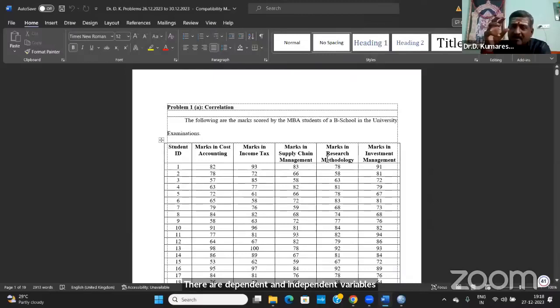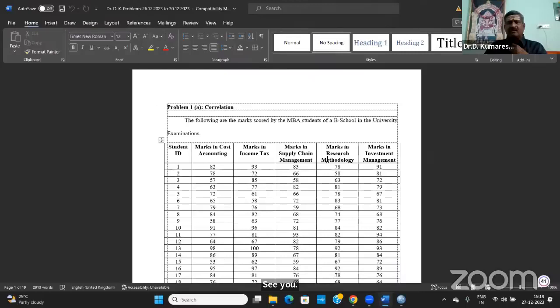See here, in the example I told you, marks obtained is given in scale data. The independent variable, study hours, is also given in scale data. So both are scale data. Here we know pretty well that study hours is the independent variable and marks obtained is the dependent variable.